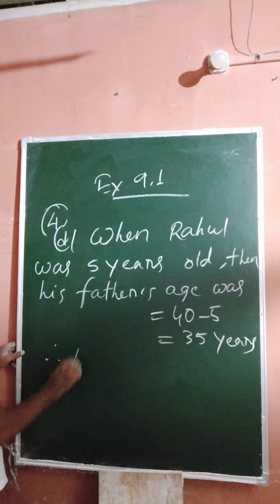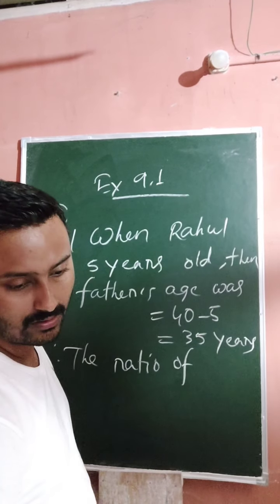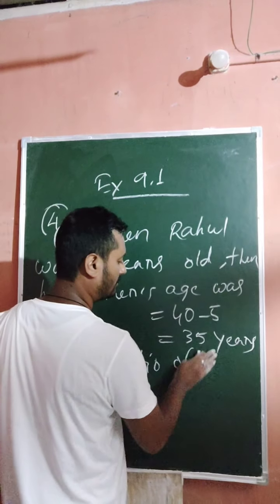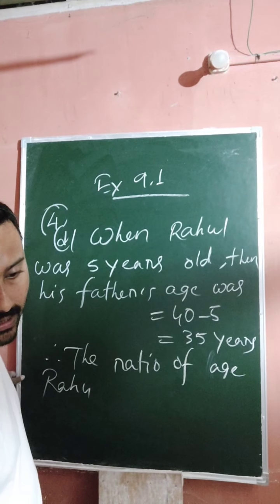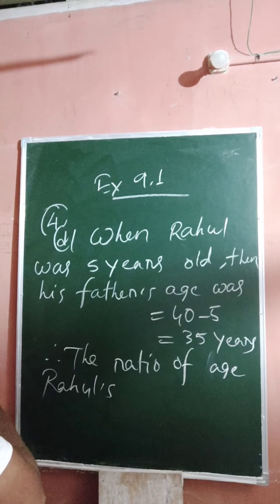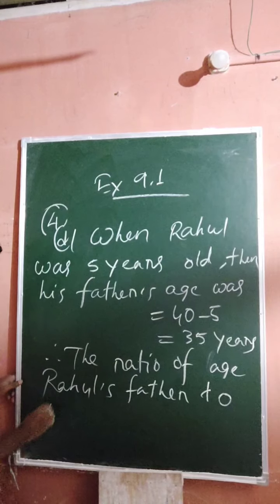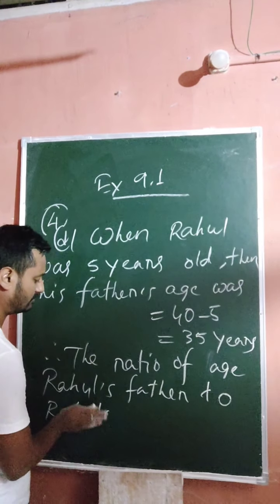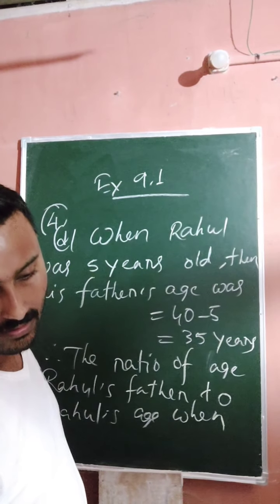Okay, so therefore the ratio of the age of Rahul's father to Rahul's age when Rahul was 5 years old.